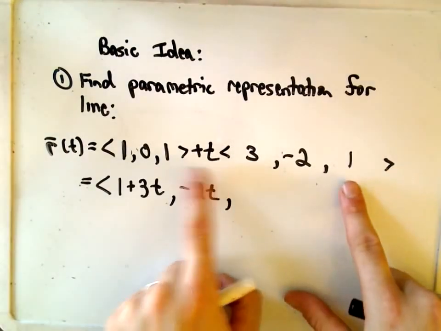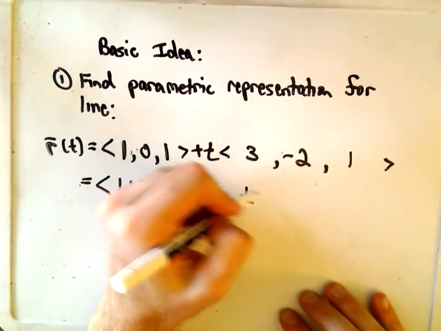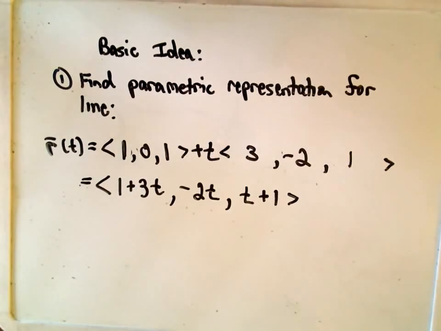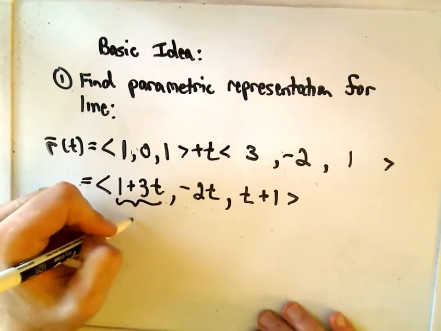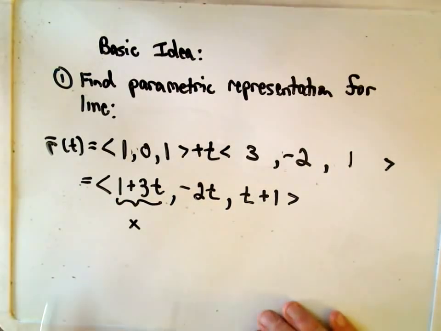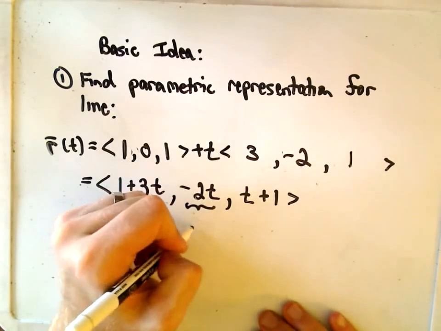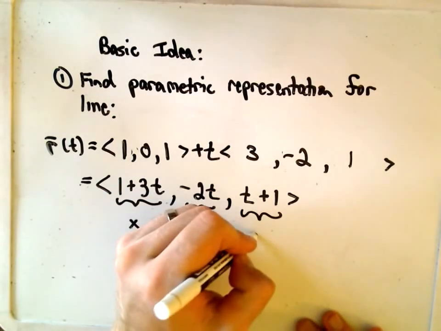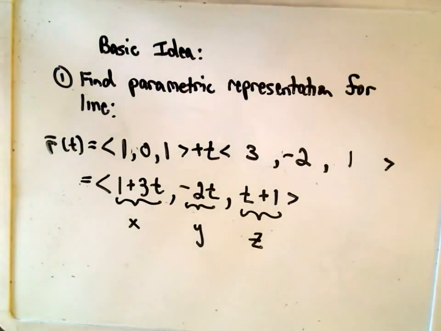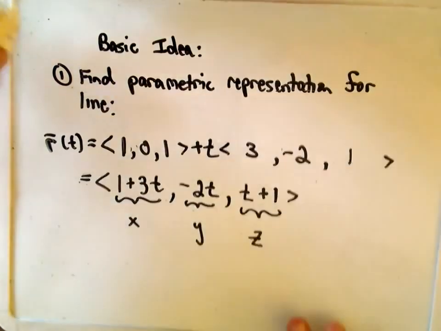And then we would get t times 1 plus 1, which would just be t + 1. So now we have our parametric representation of the line. And remember, the first part is a representation for the x-coordinate, the second part for the y-coordinate, and the third part for the z-coordinate.